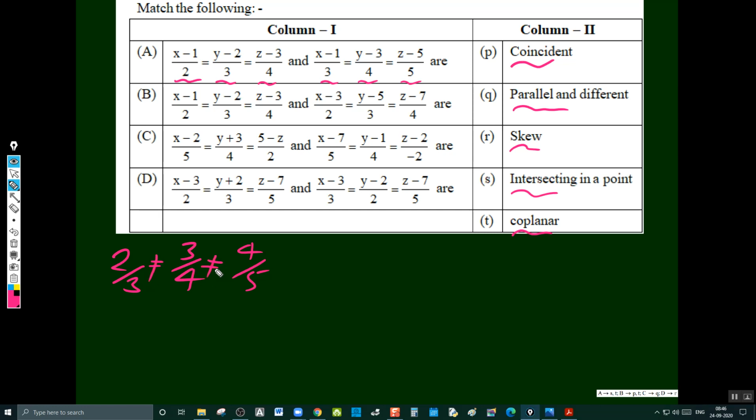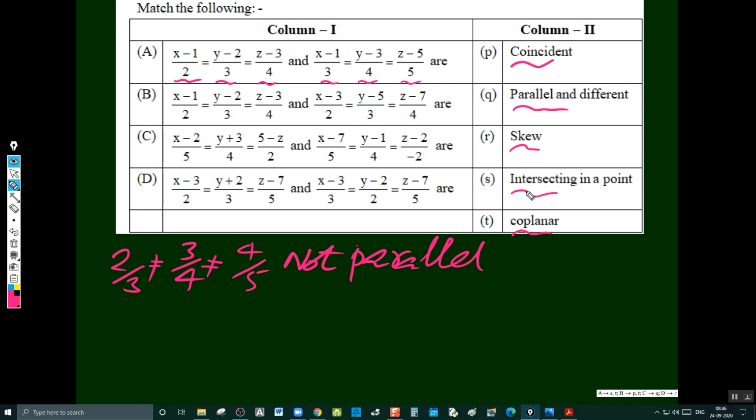And hence, conformably, you can say that they are not parallel. And substitute the point here in this one. So, not parallel lines are there.